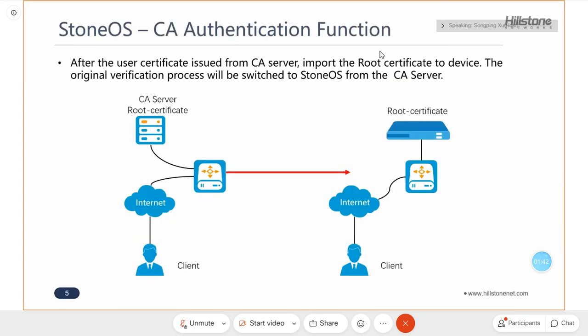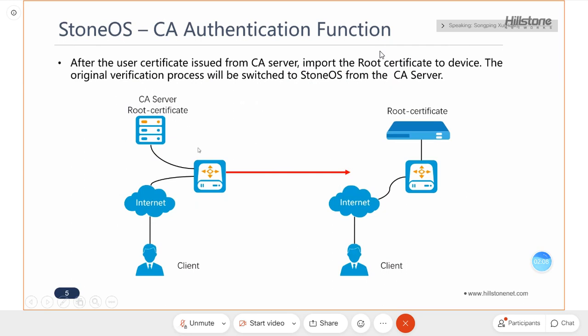Here is the CA authentication process. Basically, as you can see here, the customer needs to apply for the CA certificates from the CA server, to get both the root certificate and also the client certificate.